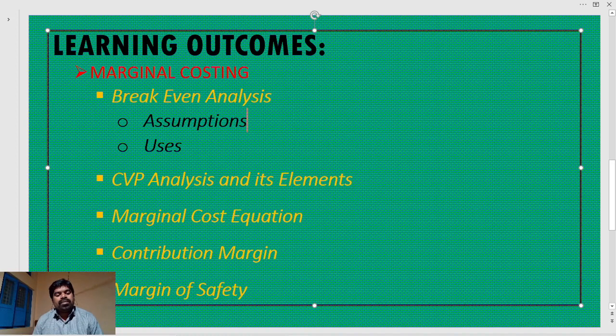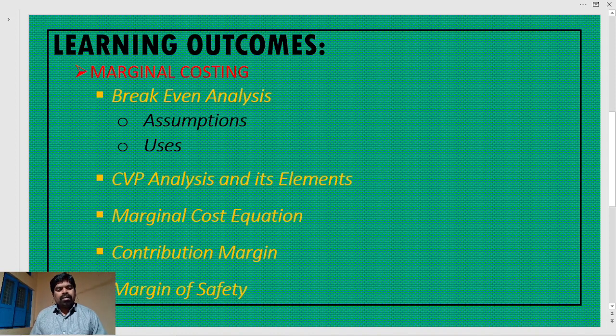In this video lesson, in the marginal cost equation form, we may also calculate profit. How we get contribution margin and margin of safety are also discussed in this lesson. These are the items we are going to discuss. Please listen carefully, and we will continue this video lesson.